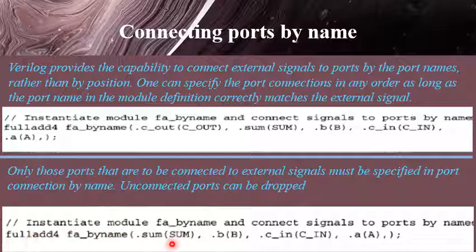So here from this instantiation line I have skipped cout. Full add 4, FA by name is the instance name. In brackets we say dot sum to be connected to Sum, and B to B, Cin to Cin and A to A. So we have omitted the cout from the instantiation. So cout is an unconnected port in this case.